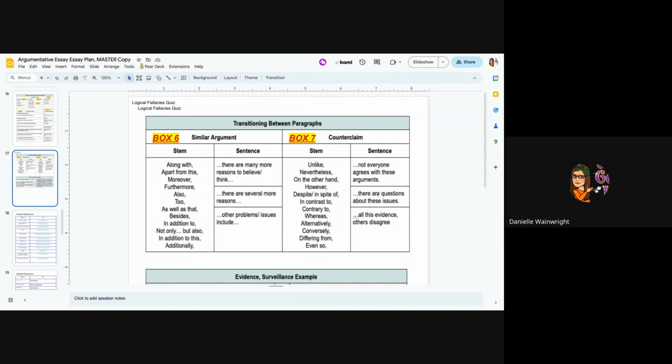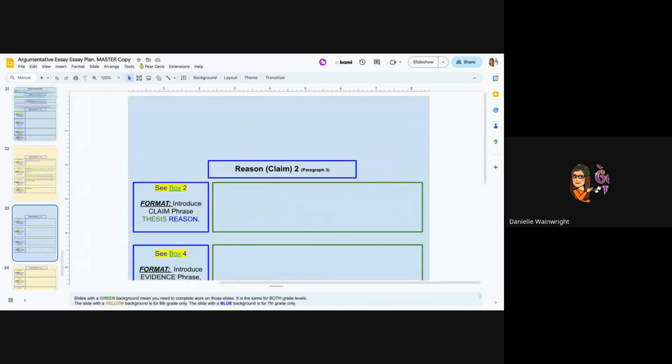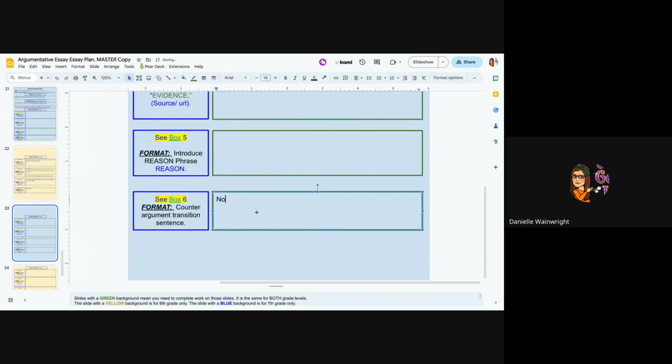I'm going to be honest, guys, because you're just introducing a counterclaim and not something you actually necessarily believe in, I would use one of these sentences because it sort of softens the blow of disagreeing with what you've been saying. So, you might want to say something like, not everyone agrees with these arguments. That's probably a really good one to use.